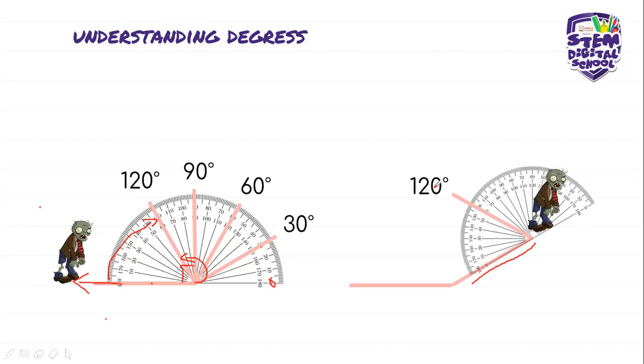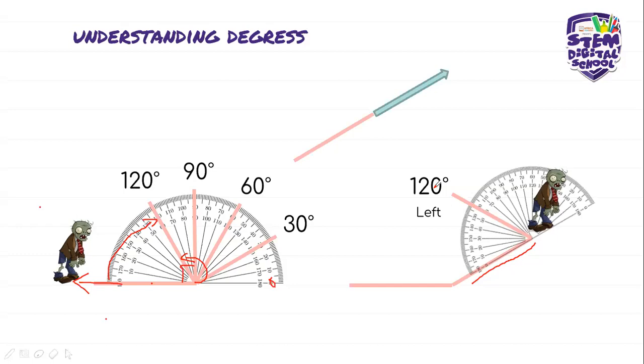Okay, 120 degrees. Now here is where I'm talking about which side we are going to turn to. Because that is a 120-degree turn left. We can also have a 120-degree turn to the right. And that is where it is very important to focus on our character.